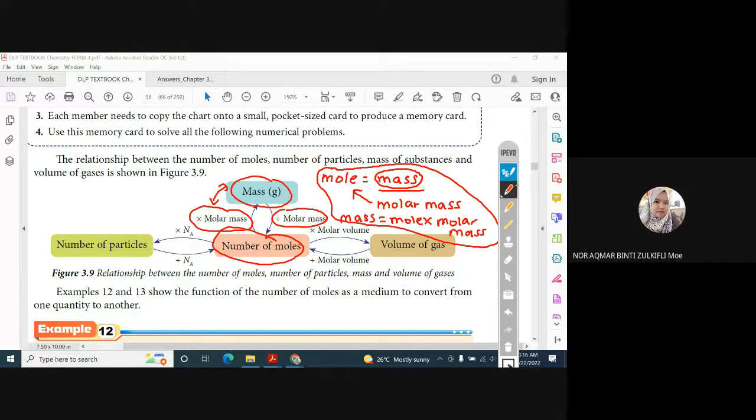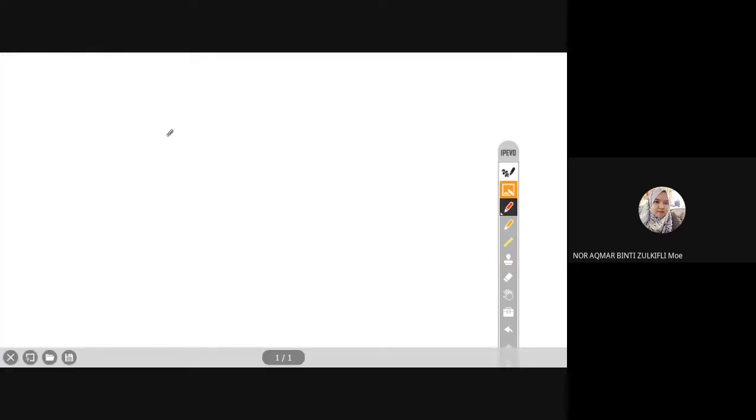Okay, let me show you the whiteboard. We make it into 3 groups. Let's say we want to find mass, volume, and Avogadro constant.